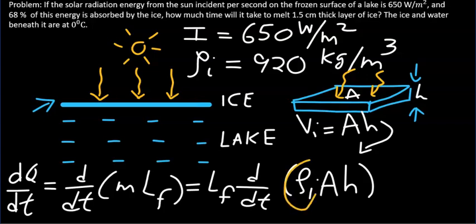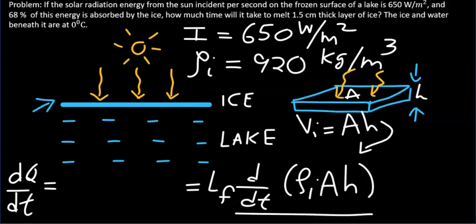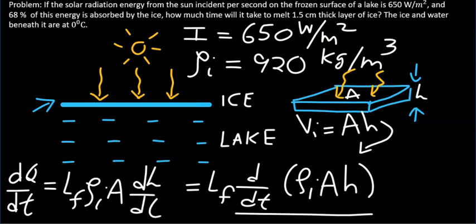Density of ice is a constant. The surface area can be taken to be constant. What changes is the thickness of that ice layer. So we can write this term in the following manner. L sub F, take the density of ice out of that derivative sign and also the surface area out of the derivative sign, leaving only H in it, dH/dt.